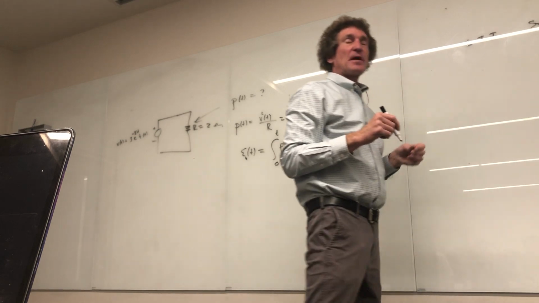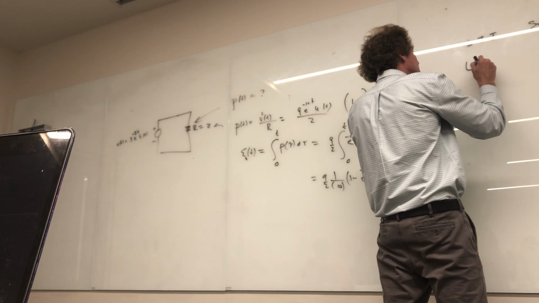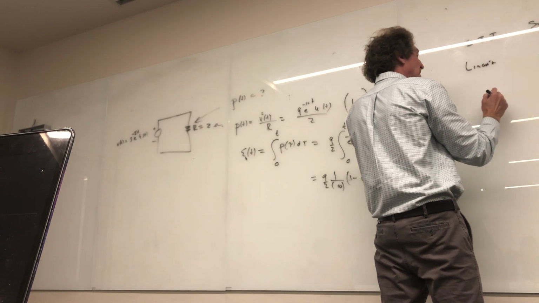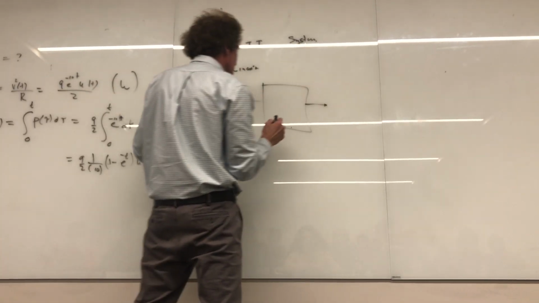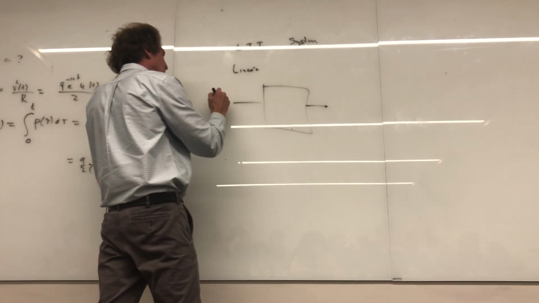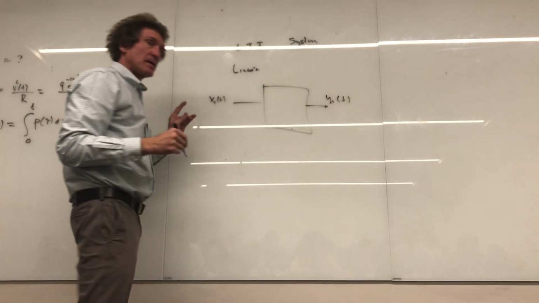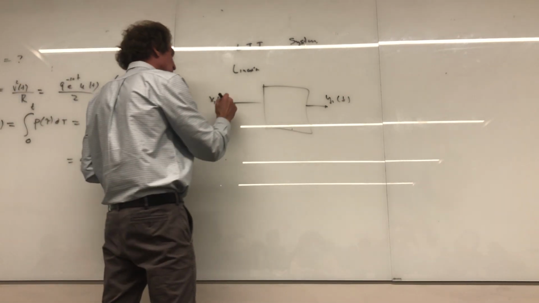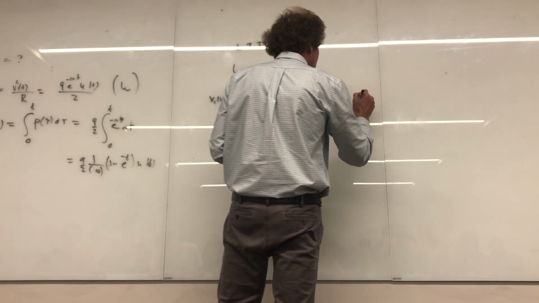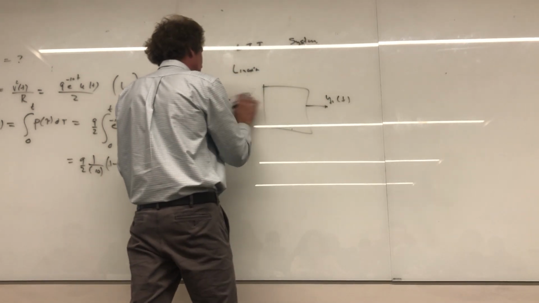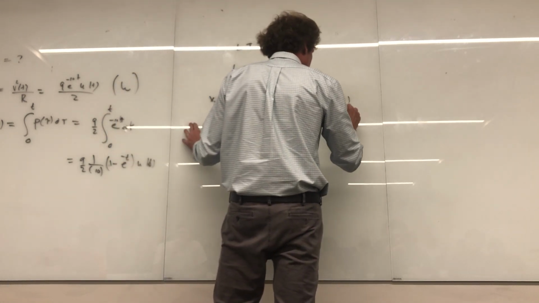So when we have a linear time invariant system, the first thing I have to do is define what I mean by that. Linear means this. When I talk about linear, it means if I have some system, and they use a simple block to always define systems. And if I put in some x1 of t, and I get y1 of t out, and I take x2 of t, and I get y2 of t out.